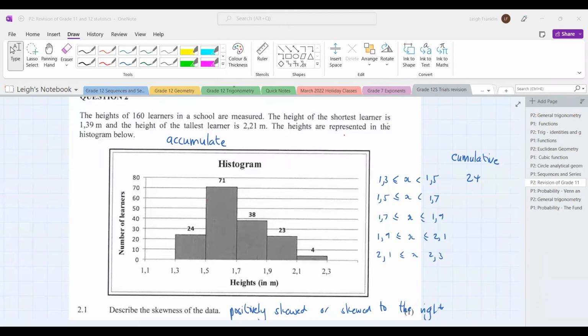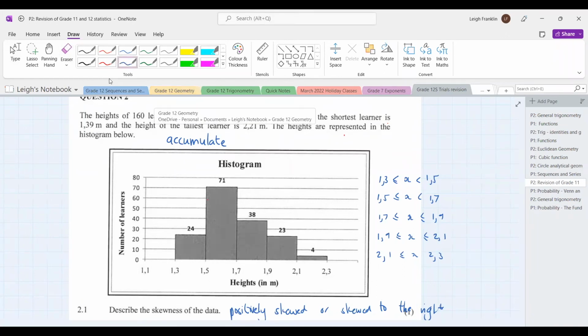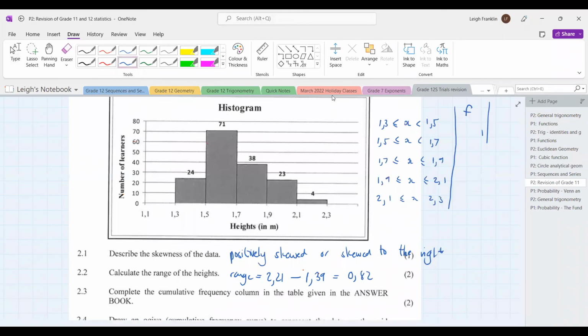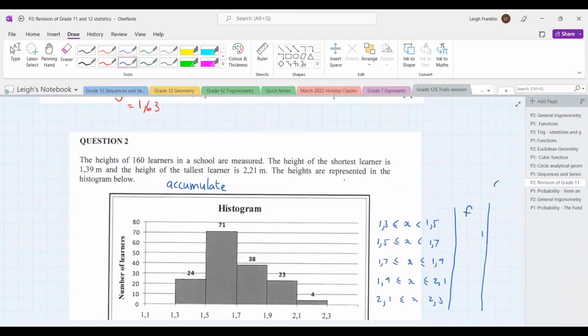So what I'm going to do now is have a frequency column here, and then over here a cumulative frequency column. Let's have a look at the difference between the two.